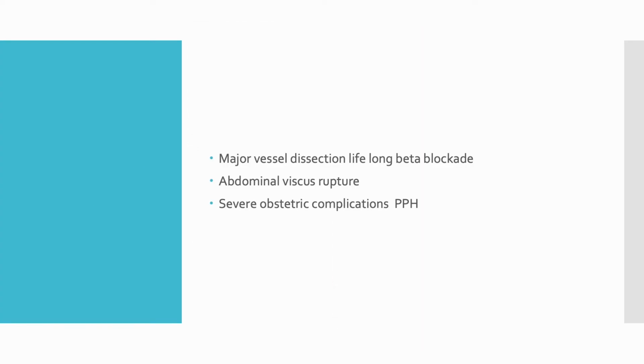So important to recognise because there may be major vessel dissection, and because of this they have to be on lifelong beta blockers, and this has been shown to significantly reduce the chances of aortic dissection and rupture. As this girl presented, they can get abdominal visceral rupture and severe obstetric complications, severe postpartum hemorrhaging.